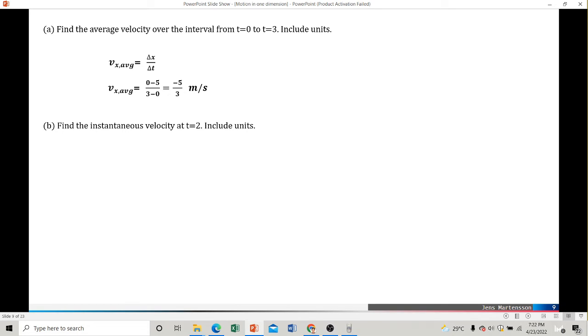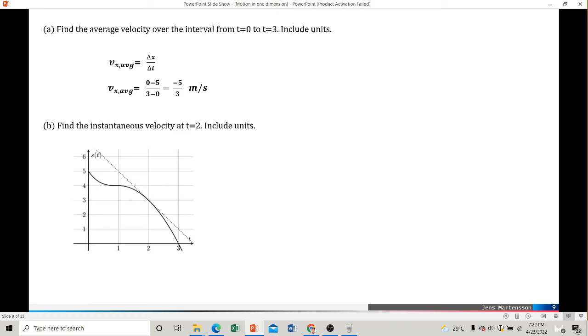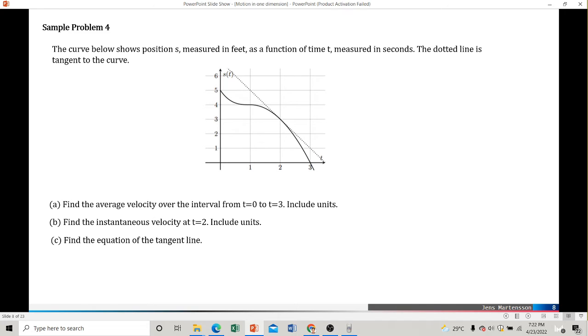Letter B, find the instantaneous velocity at t equals 2, include units.